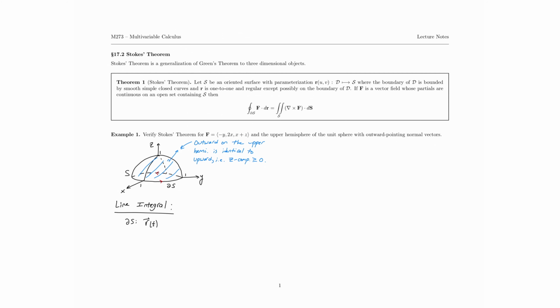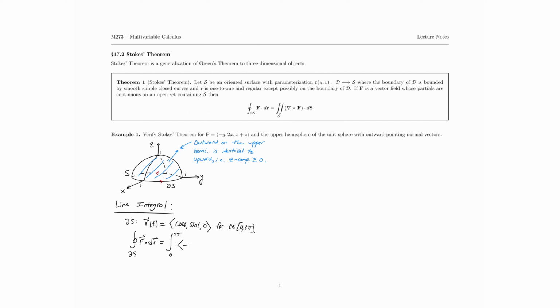So we can easily parameterize the unit circle in the xy plane, saying cosine t, sine t, 0 for t in the interval 0 to 2 pi. Okay? So then the line integral around the boundary of S, F dot dr, would be the integral from 0 to 2 pi. We would do our replacement.